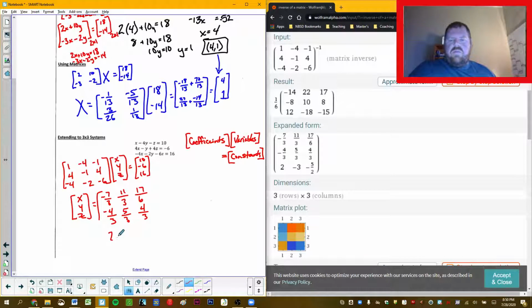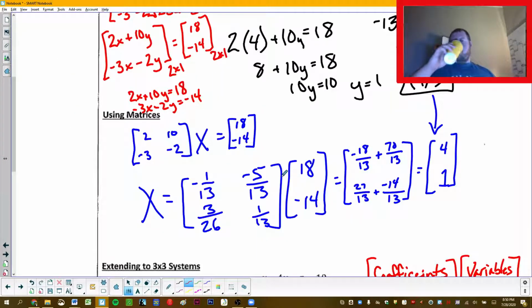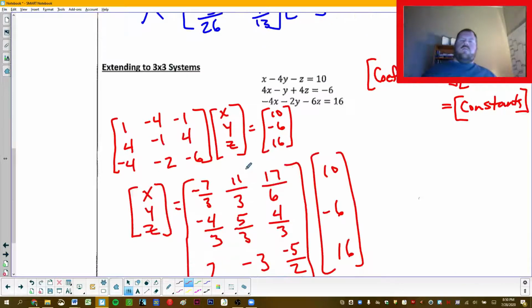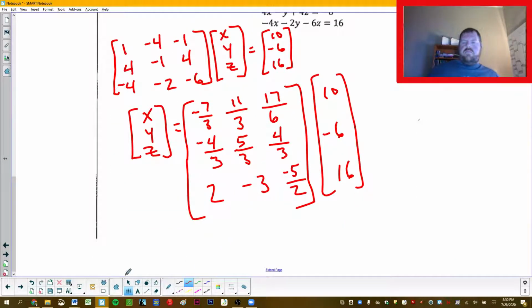And then 2, negative 3, negative 5/2. Okay, so I'm going to multiply that matrix by my constant matrix. See what I mean? It always looks bigger and a little bit slanted, but that's okay.